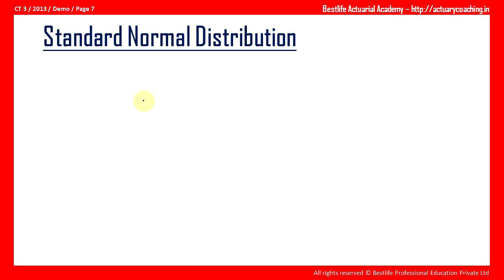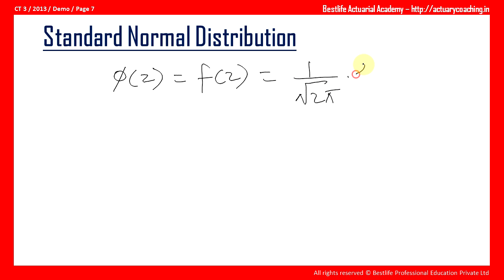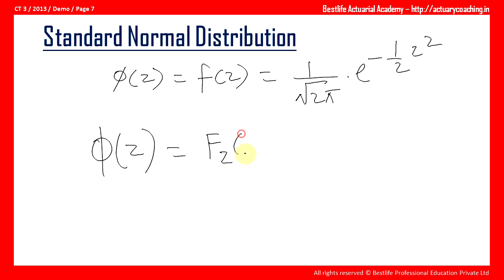When we talk about the density function of Z, it is given by the small phi of z or f of z, which is 1 divided by root 2 pi into e to the power minus 1 by 2 into z square, where z is the standard normal variable. If we have to calculate the cumulative distribution of this Z, which is given by a capital phi, it is nothing but probability of Z less than or equal to z.